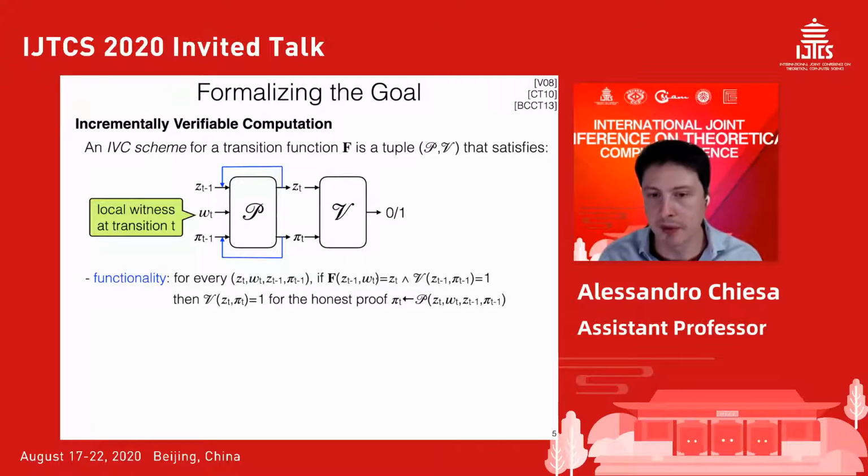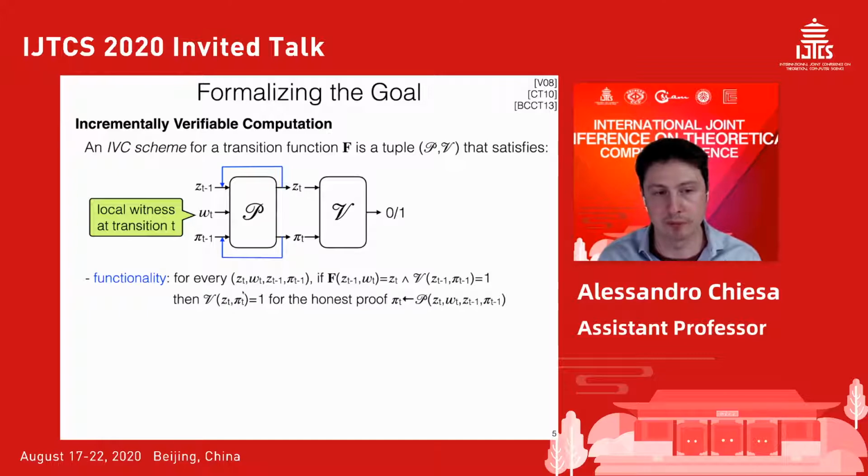In other words, if you give me a good transition, namely the next output really is the output of the transition function f, and you give me prior inputs that the IVC verifier accepts, then it is possible to construct a new honest proof using the IVC prover that the IVC verifier would accept.